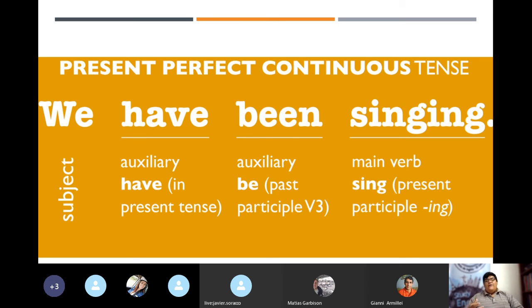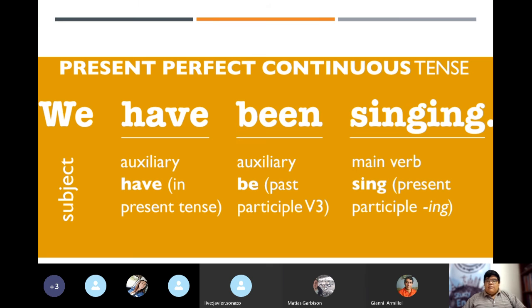And the participle of the verb to be is been, okay? So we have been, and then we have the main verb with ing, okay? We have been singing, okay? We have been having this class for an hour and a half. We have been learning English for 2 years, for example. Do you get it? Do you understand the point?